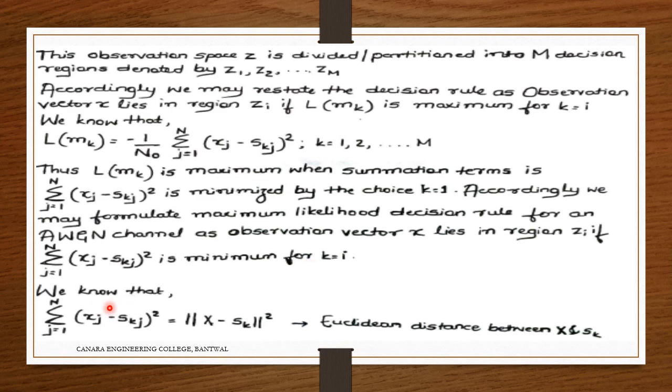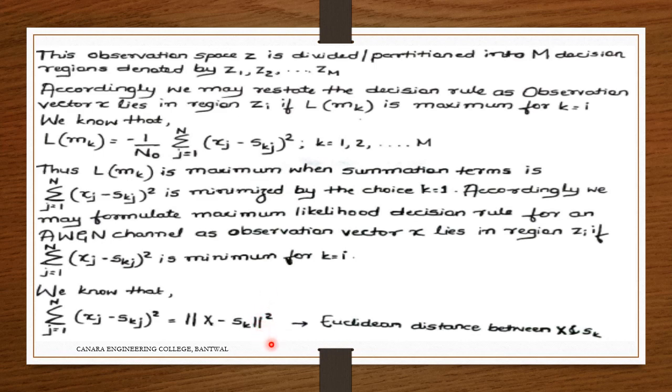We know that the summation of j equals 1 to N of xj minus skj the whole square equals the norm of capital X minus sk, the whole square.